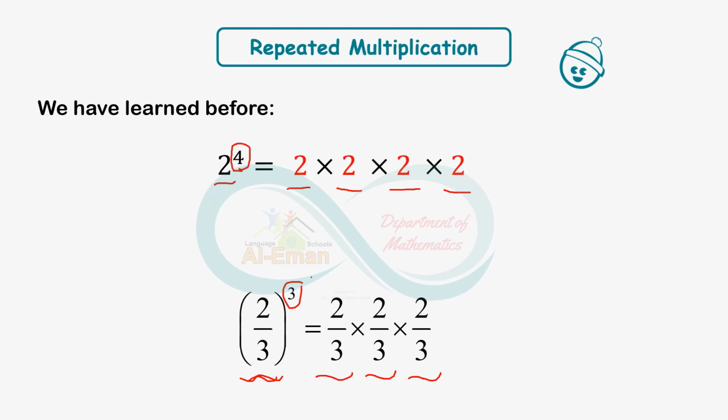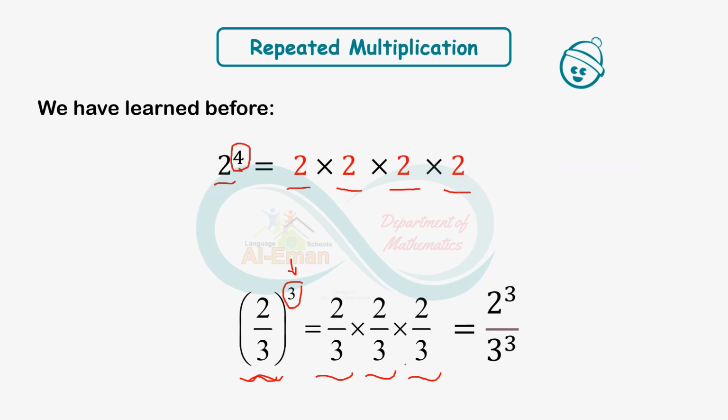Why 3? Because our power here is 3. So if our index is 4 or another number, we will multiply the base by itself that many times, the number written above it.